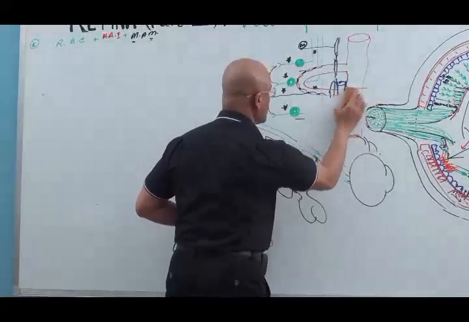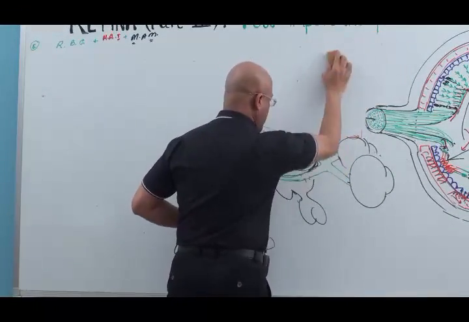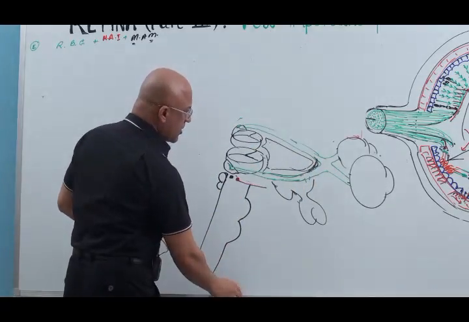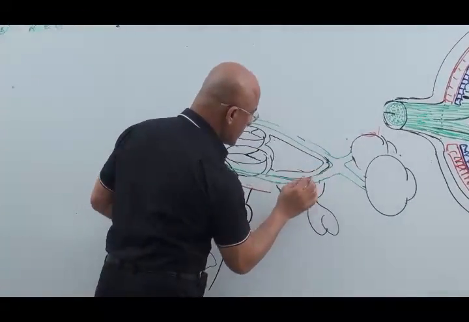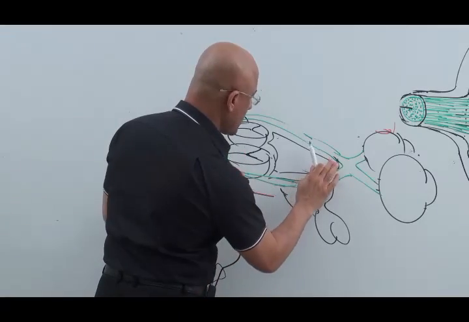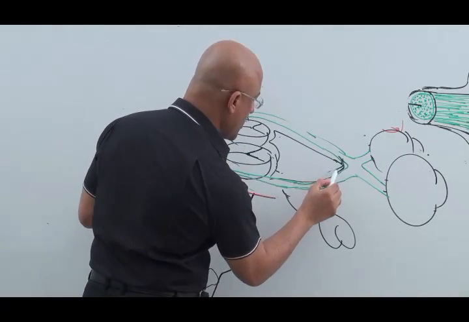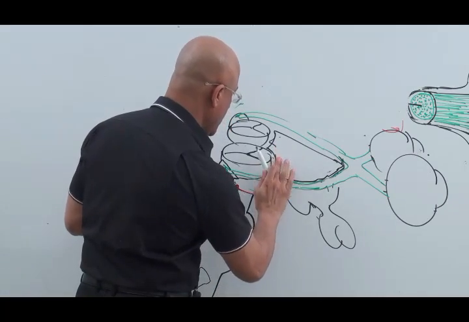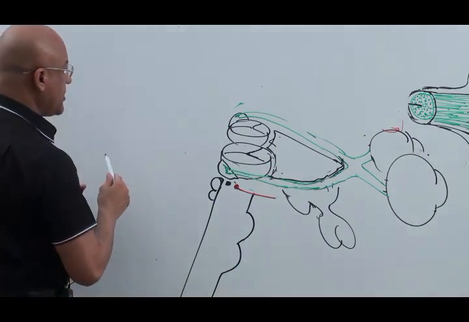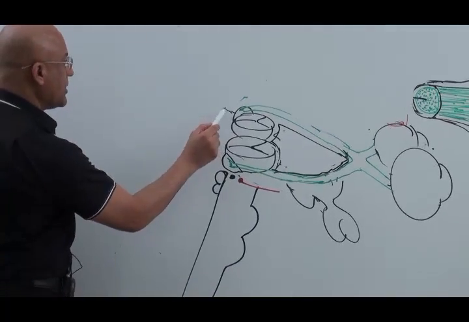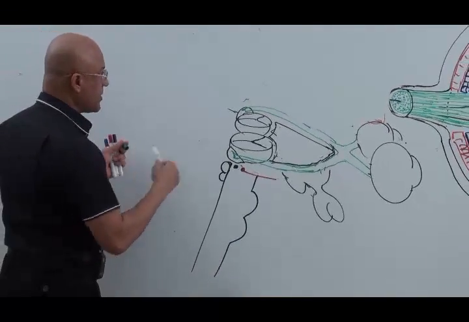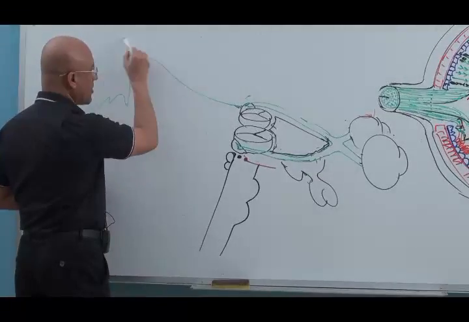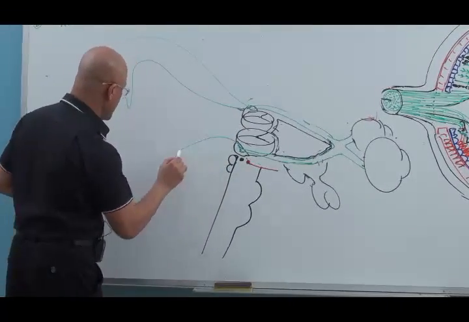Okay, I will remove this too, so it becomes clear to you. Now, this is the hypothalamus, and from the lateral geniculate body, from here, this is going the optic radiation.